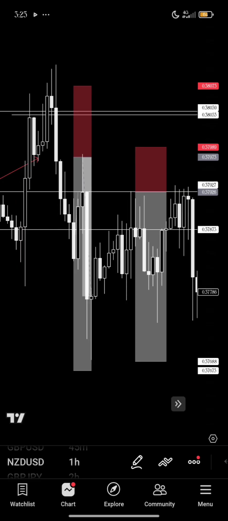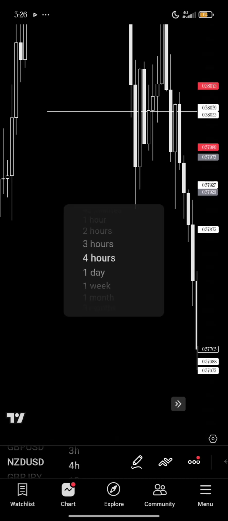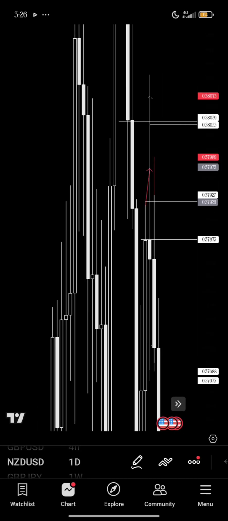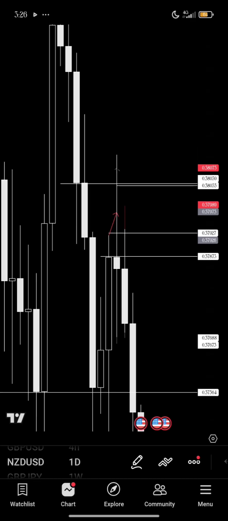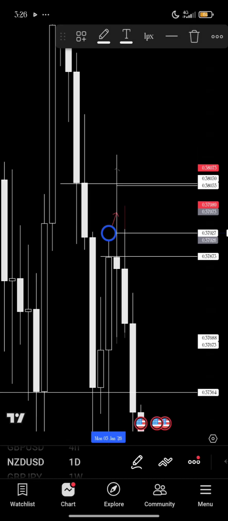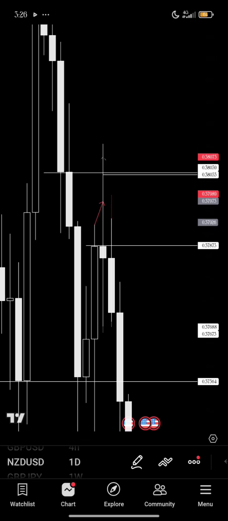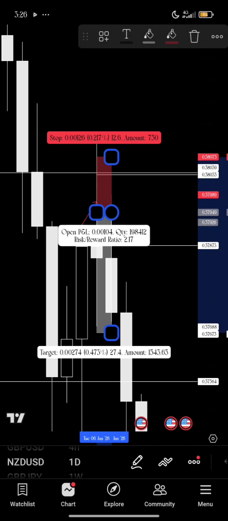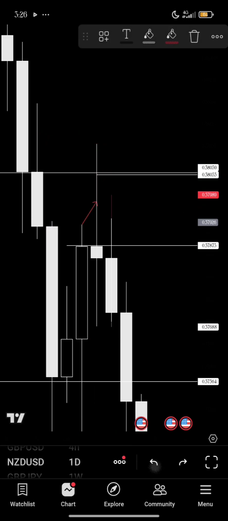Remember, how we were able to get this particular sell was because of that daily key level. Because after we've seen that entry already, this particular daily key level, this key level was what gave us that sell.